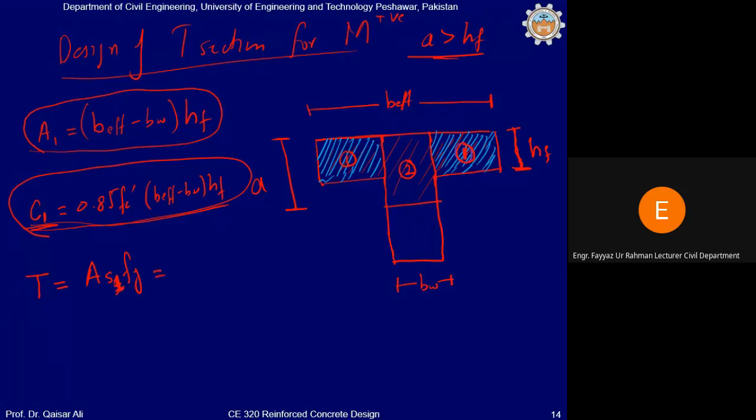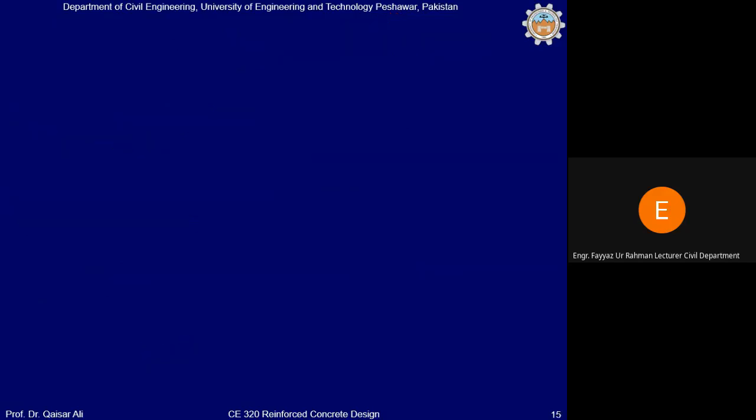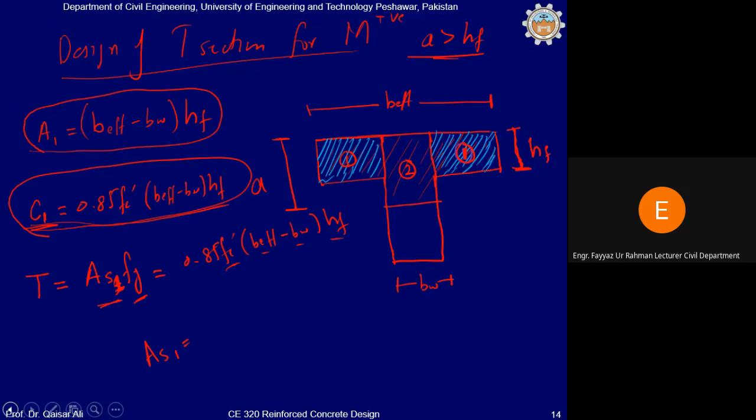This will be equal to C1, which is equal to 0.85 fc prime b effective minus bw into hf. यहाँ तक क्लियर है कि नहीं? अब इसमें अगर आप देखें, all these parameters are known to you except As1. fy, fc prime, b effective, bw, hf, all these are known to you. So from this you can calculate the area which is required to balance this compression force C1.